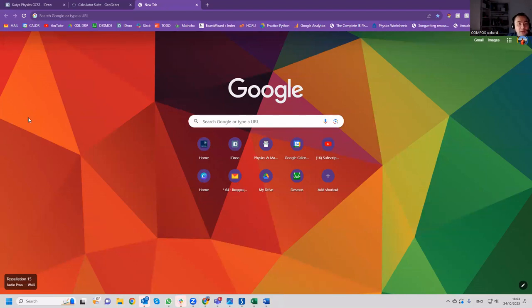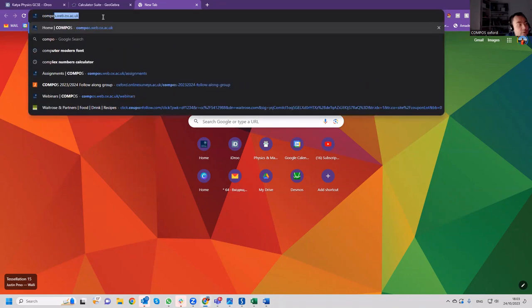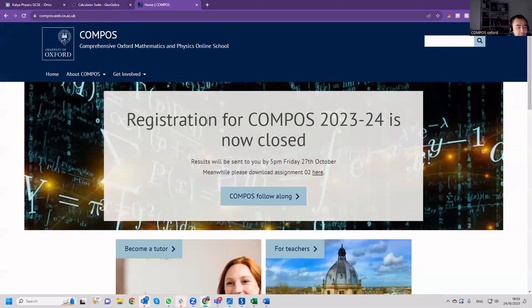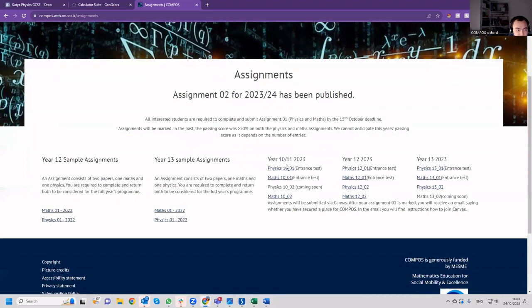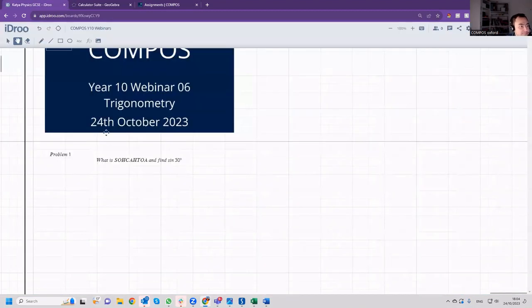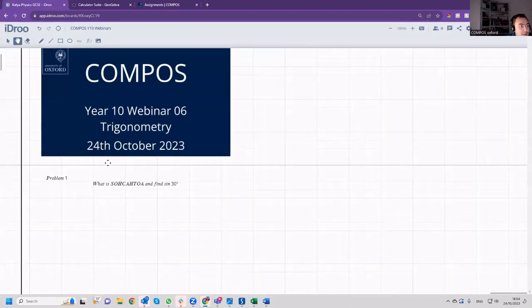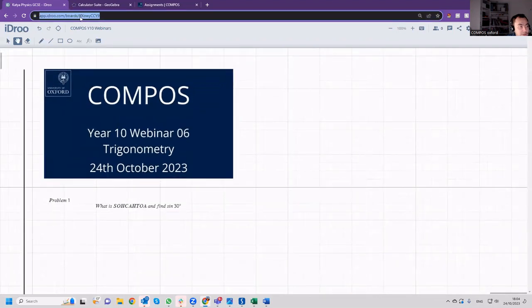Right, so if you want to access our materials, you have COMPOS. You go to the COMPOS website, and it says download assignment 02 here. And here you have year 1011, assignment 1002. This is the one that we're doing today. And of course, the whiteboard is here.